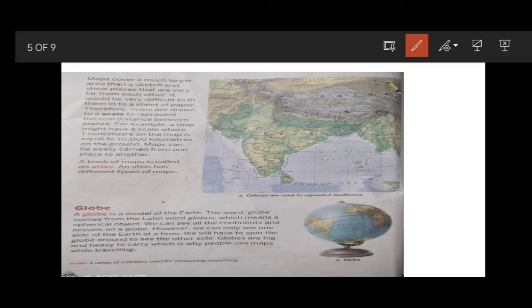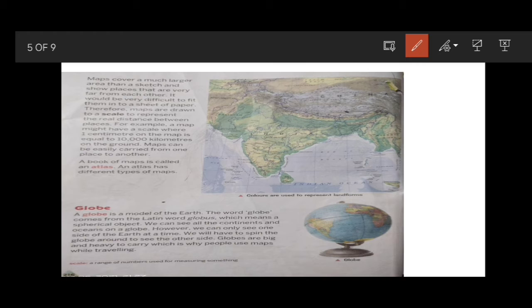The real distance of a place cannot be drawn on a map. So to show the real distance of a place, maps are drawn to a scale. A map might have a scale, which means there are different scales in different maps. Let us take an example.